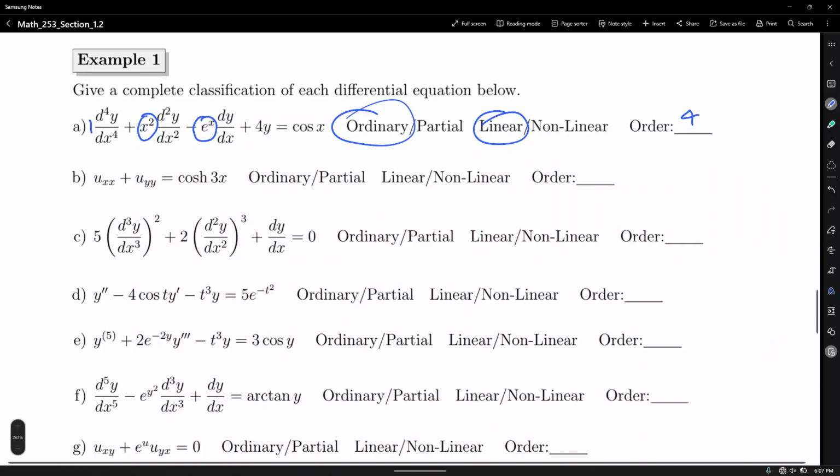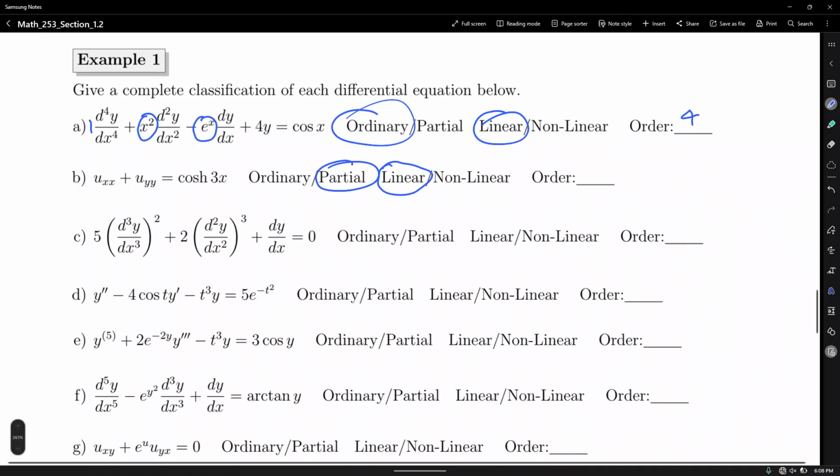Letter B. What do you think? Partial or ordinary? Partial. We can see the subscript notation for partial derivatives. Okay, linear or non-linear? This is linear because, okay, what's the dependent variable right here? The dependent variable is u. Notice those derivatives are raised to the first power each, right?